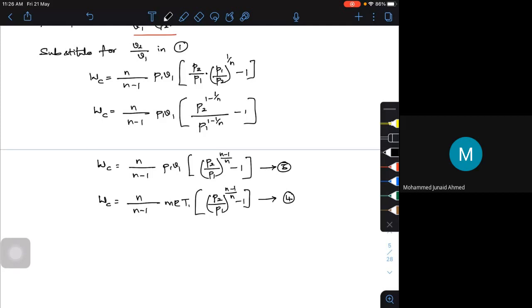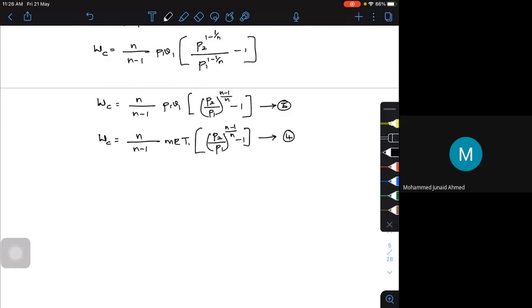Now the process is adiabatic. If n is gamma, that is adiabatic, what will happen to the work? I can do the same derivation, wherever n is there, I will just replace it with gamma. So this will be gamma by gamma minus 1 into P1 V1 into P2 by P1 whole to the power of gamma minus 1 by gamma, minus 1.